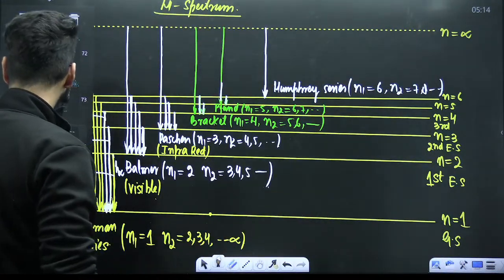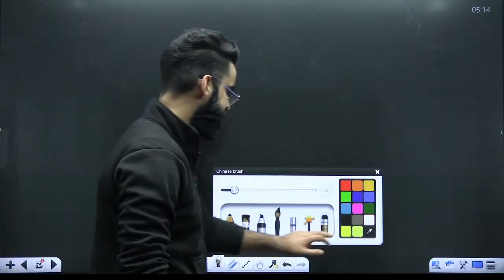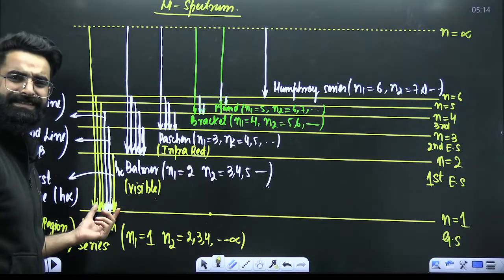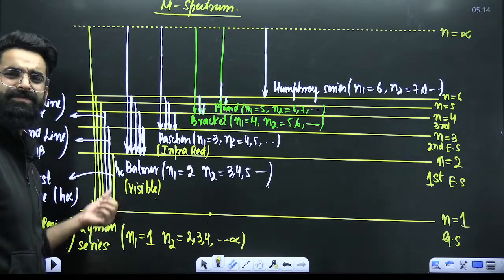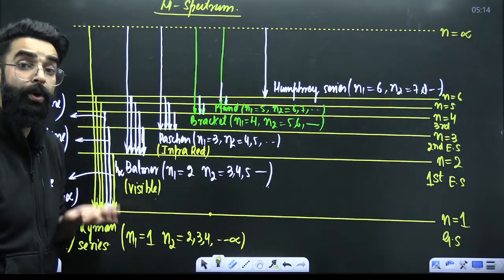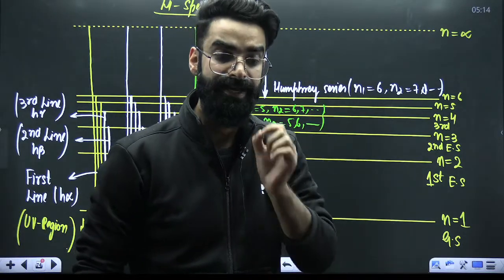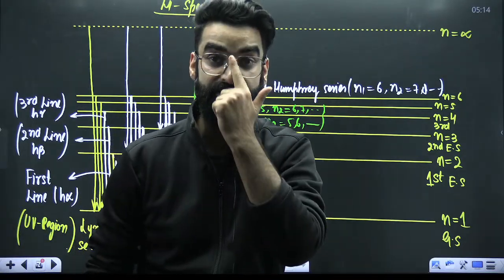Now, my dear students, there are some very important things which we have to discuss now. See, understand it like this. If I talk about Lyman series, electron can make a transition from 2 to 1. It can make a transition from 3 to 1, 4 to 1, 5 to 1. And you know, when the electron makes the transition from higher energy state to lower energy state, it emits energy in the form of radiation.